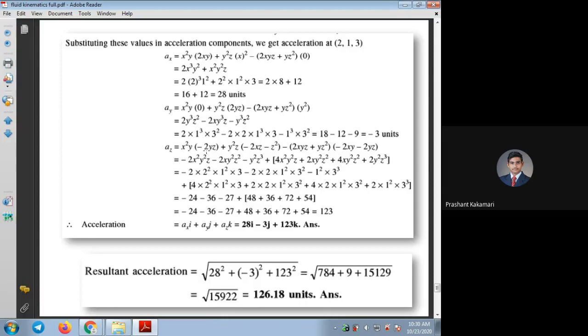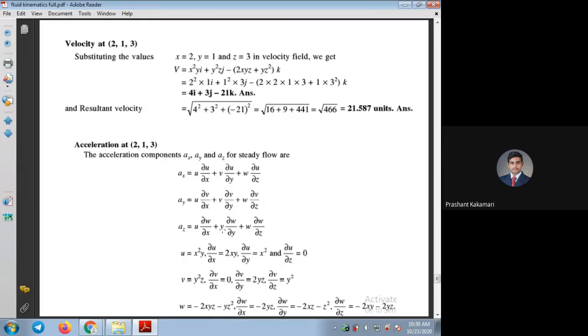So they have taken this term plus V into, V is given in the problem, y square Z, into dou W by dou Y, means we need to differentiate small w value with respect to y.